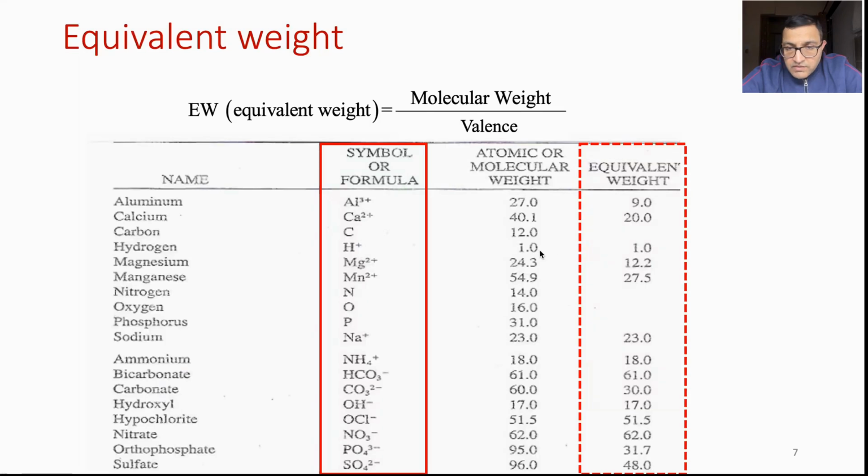For hydrogen, both the atomic weight and equivalent weight are 1. For magnesium, the atomic weight is 24 and the equivalent weight is 12. And for sodium, because it's singly charged, the atomic weight and equivalent weight are the same. And so forth. I think you get the idea of how we calculate the equivalent weight.